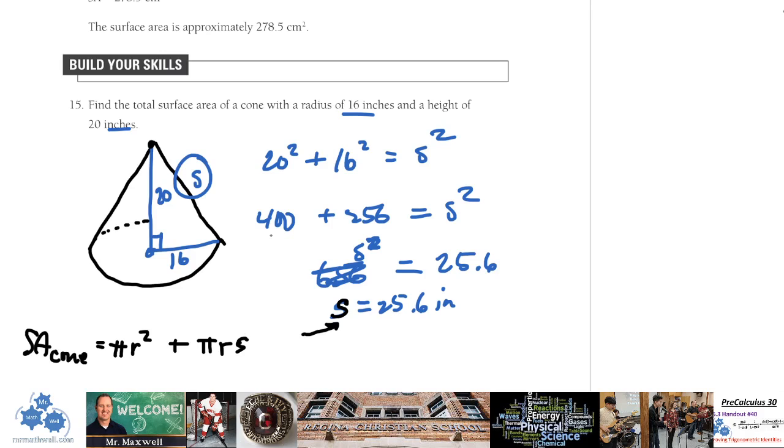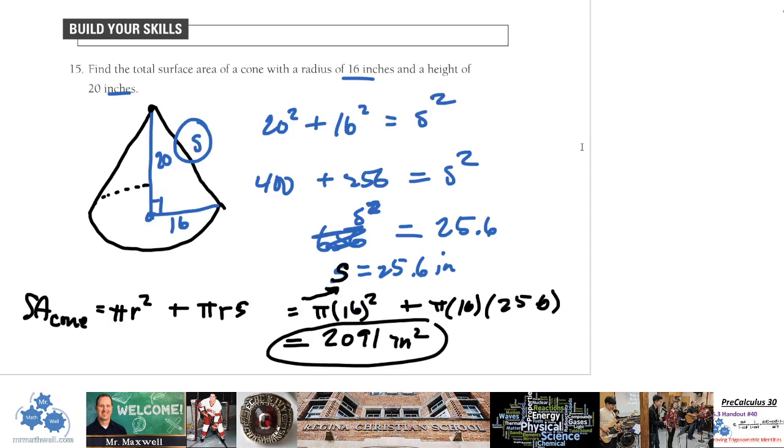So what's pi r squared? Well, that's pi times what's r? 16 squared, plus pi times what's r? 16. What's s? 25.6. You jump on your calculator, you type that in, and you should get an answer. 2091 should be your answer there when you do that on your calculator.